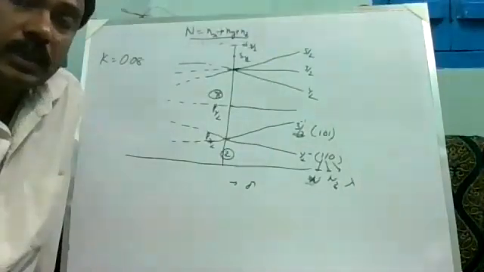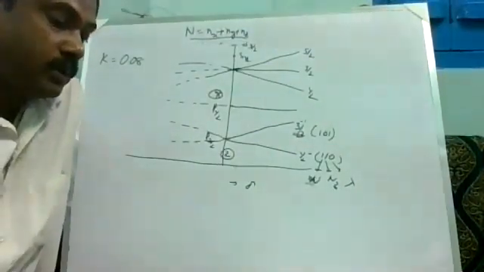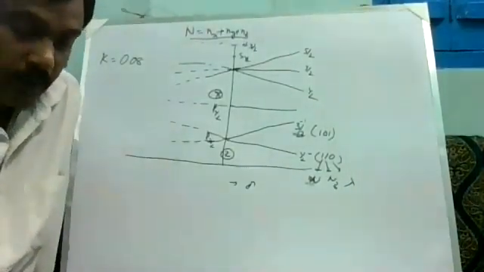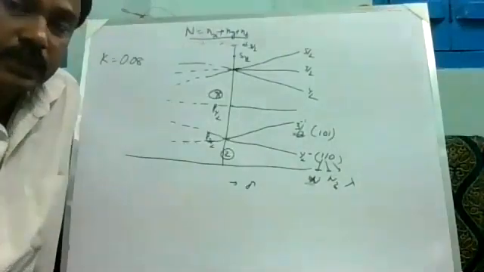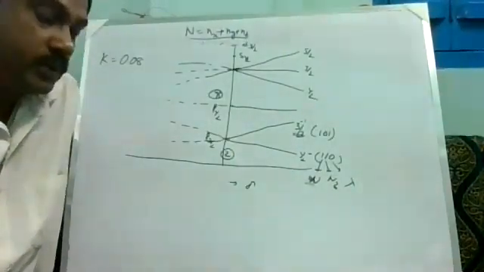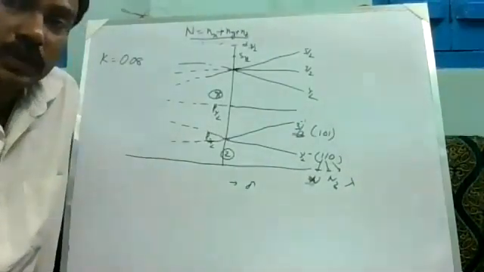Now, considering the simple shell structure, it was not possible to explain magic numbers beyond 2 or 3 numbers. And to explain them, spin orbit coupling was introduced. Introducing spin orbit coupling, the magic numbers could be explained.